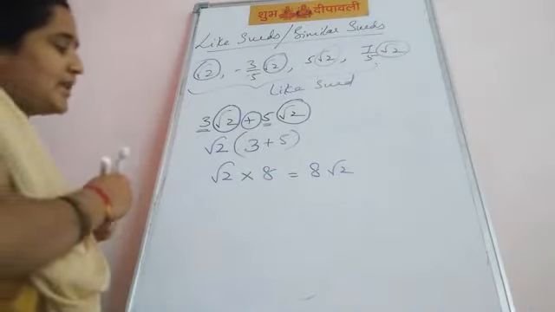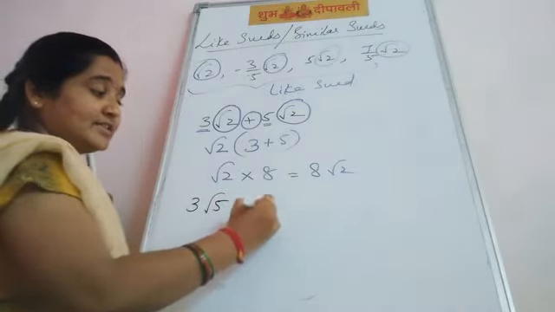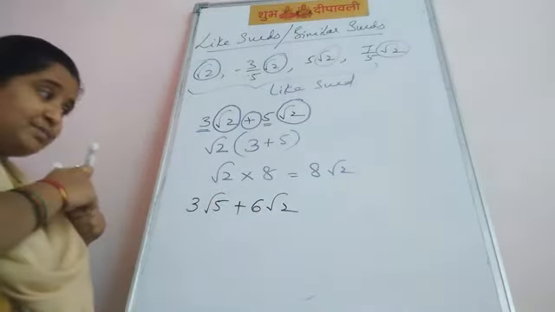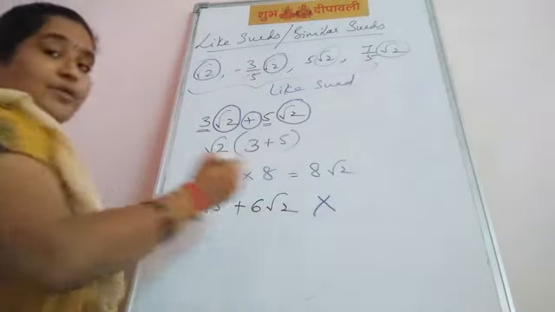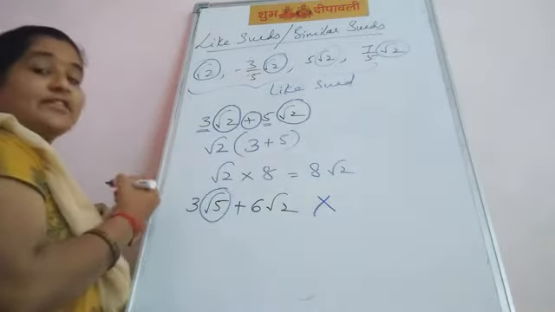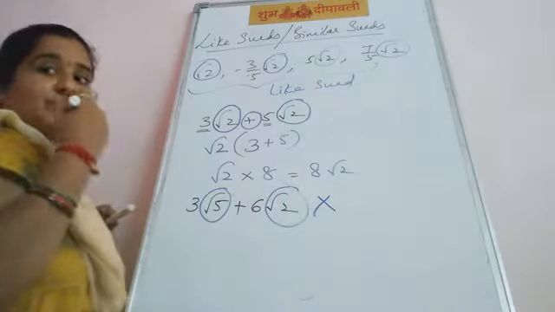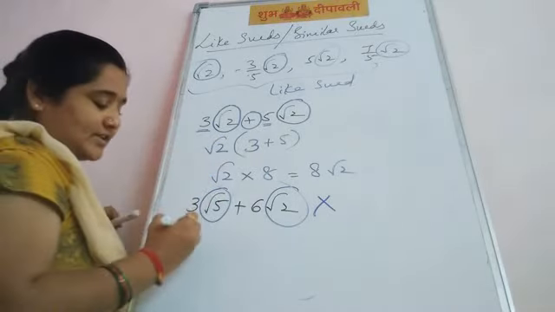One more example I will do: 3 root 5 plus 6 root 2. Is it possible to do addition? No. Why? Because these are unlike surds. Here root 5 is there, here root 2 is there. It is not possible to do addition. You need to write it as it is.